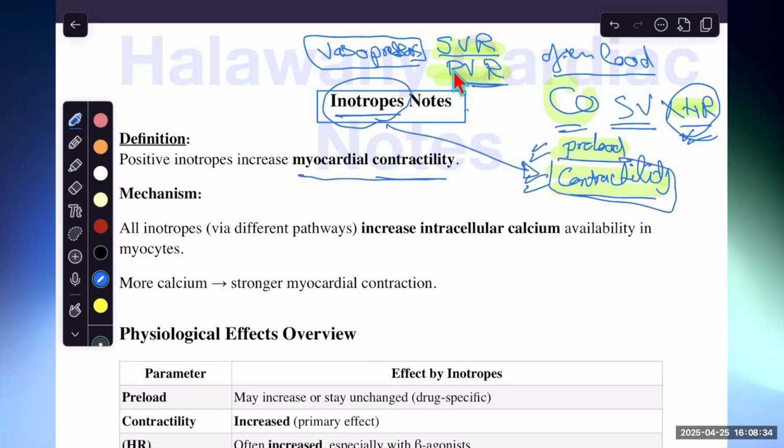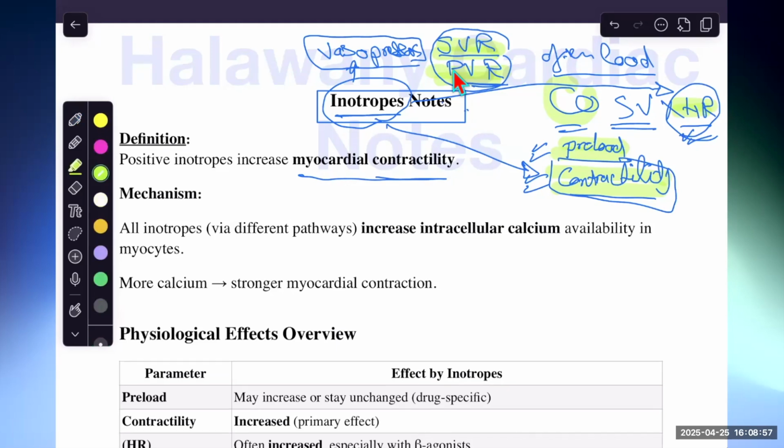So what is its effect on the PVR or SVR? Does it have a vasopressor effect? Does it have a chronotropic effect? All of these must be individualized. Okay, there is no one answer that fits all, no one size fits all. This point is clear. Let's go on.